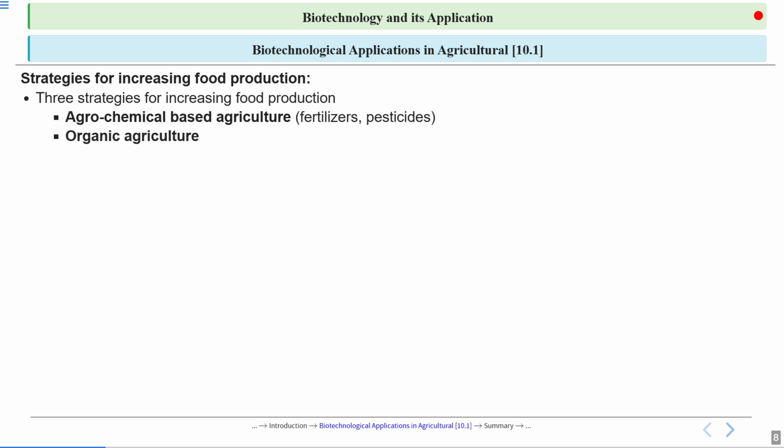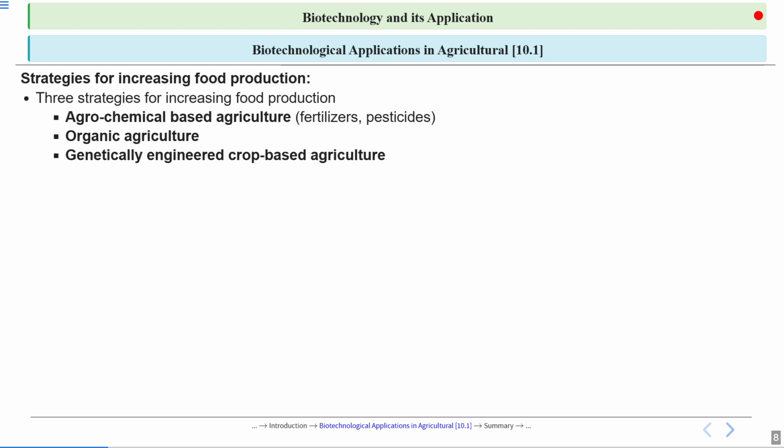What is the second method? The second method is organic agriculture, in which the fertilizer we use is organic in nature. Third is genetically engineered crop based agriculture: a crop which is genetically modified to give better quality, better yield, and to become more efficient.